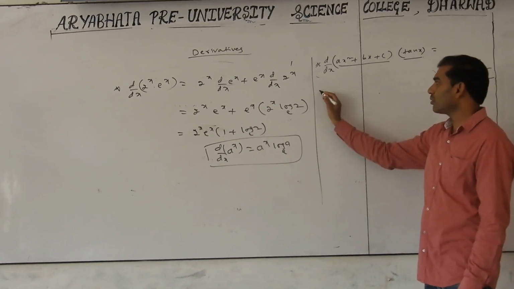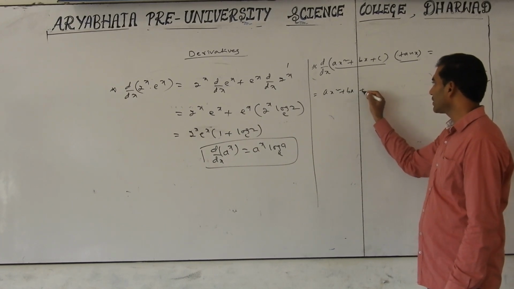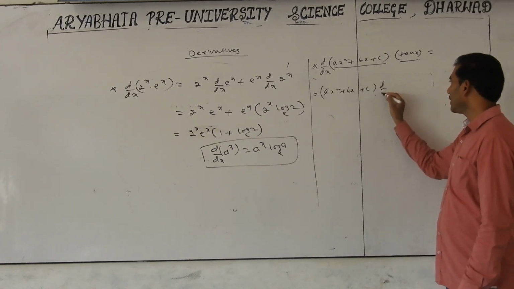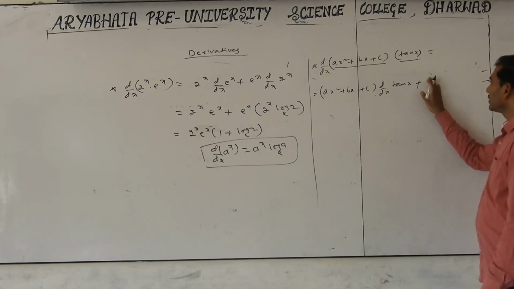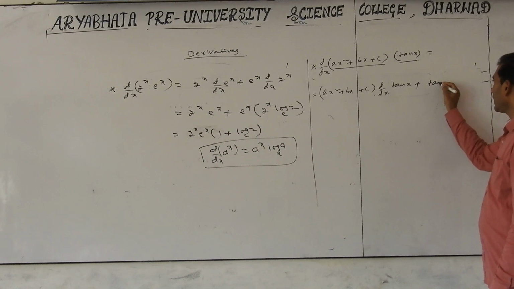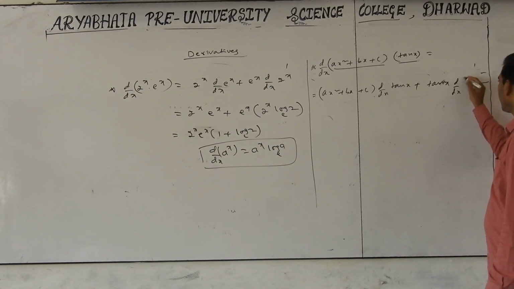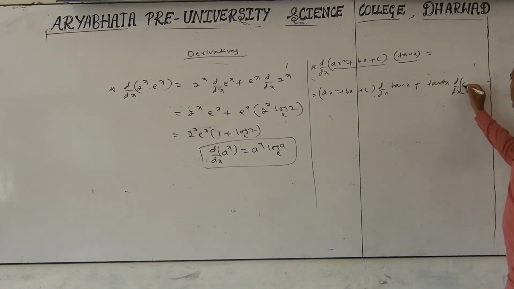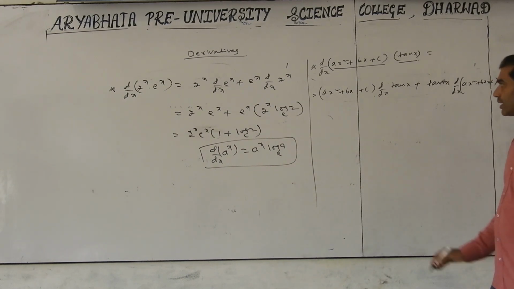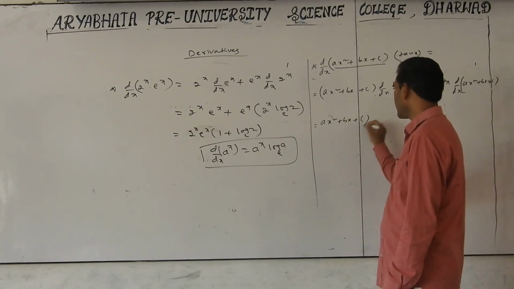Tell me the (uv)' formula: u (ax square plus bx plus c) into d by dx of tan x, plus v (tan x) into d by dx of ax square plus bx plus c.